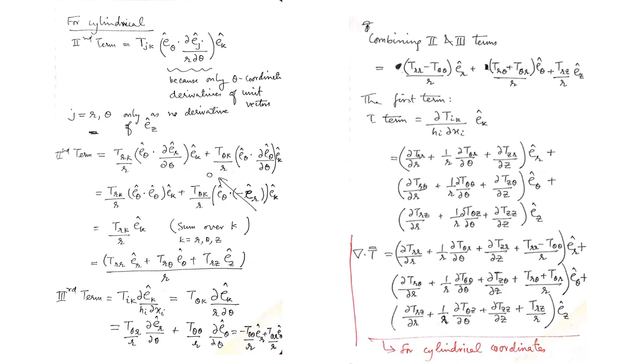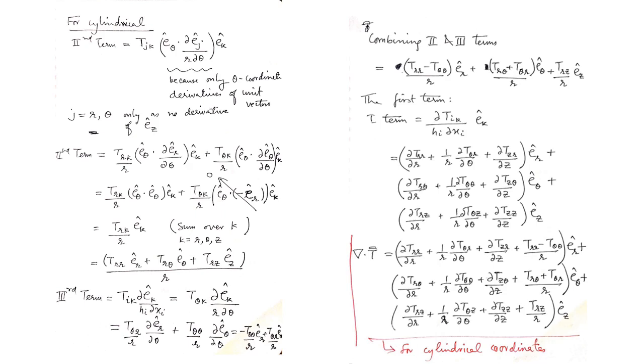So if I now combine all the three, the third, second and the first term, first I have combined the second and third term, and the second and third term comes out as a vector like this. The first term is taken care of at the end, because it just requires a summation over i and k.